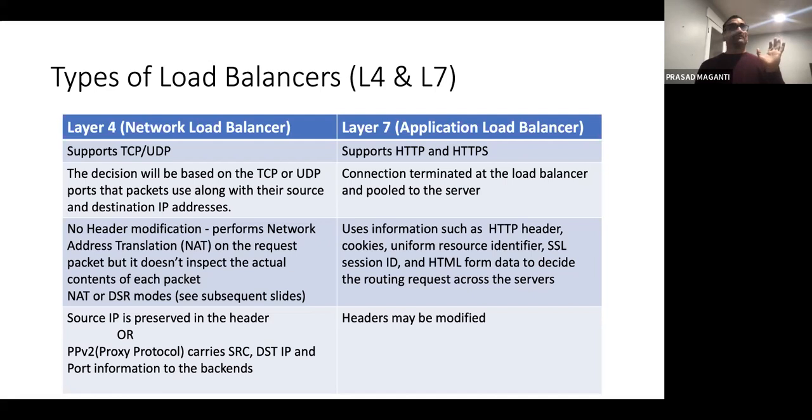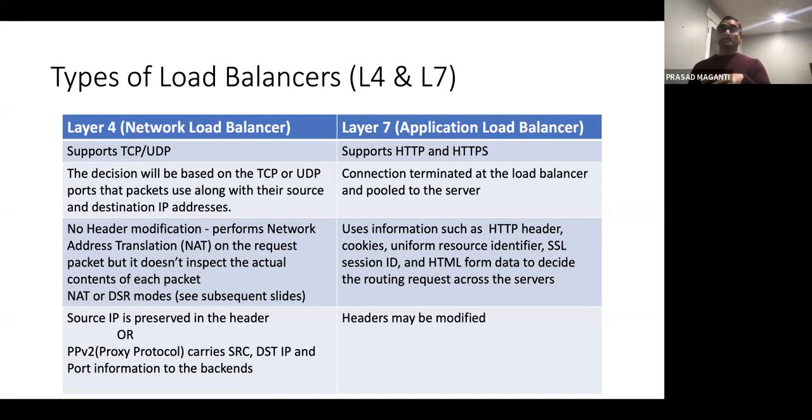A 5-tuple is source, destination, protocol, source port, and destination port, or only 3 among them, or 2 among them, such as source and destination IP. You can use those combinations. The main difference between layer 4 and layer 7 is that layer 4 is basically a pass-through mechanism, whereas layer 7 is a connection termination.